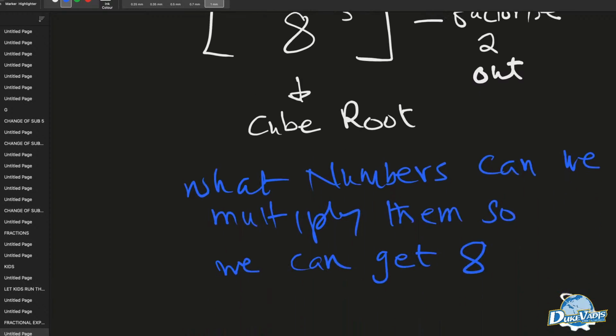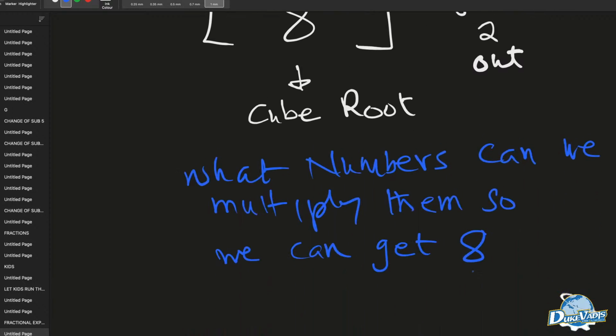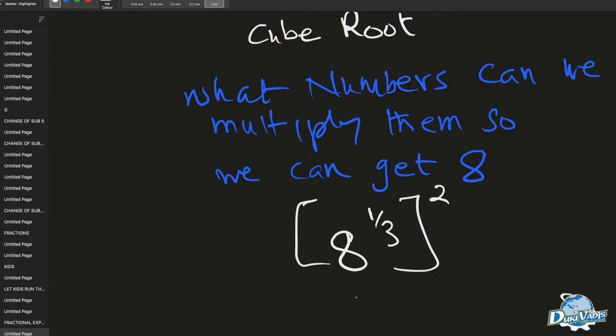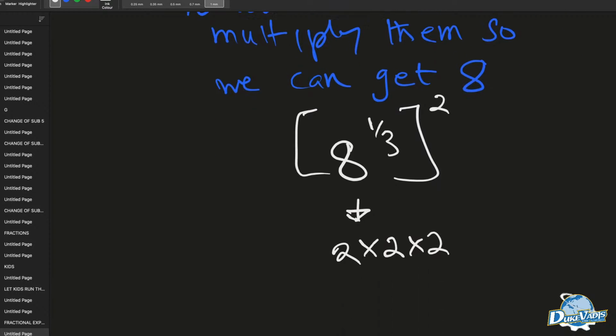So now let's see. Okay, so we have the cube root of 8 and 2. So we can say the numbers are 2 multiplied by 2, then 2. So that will be 8.